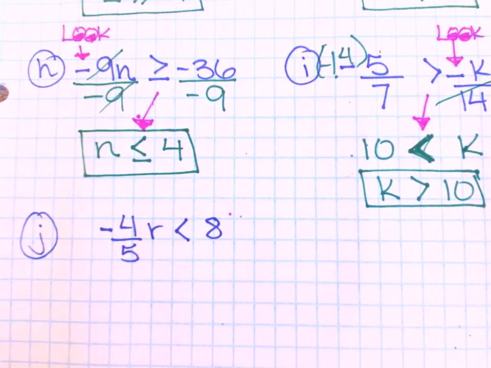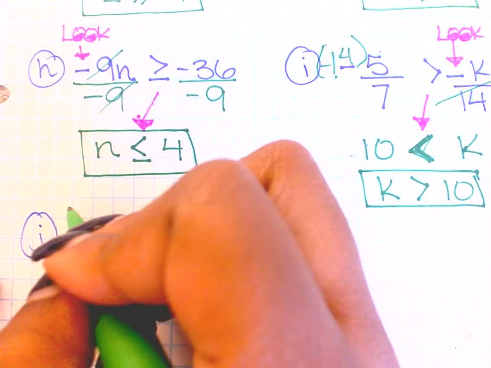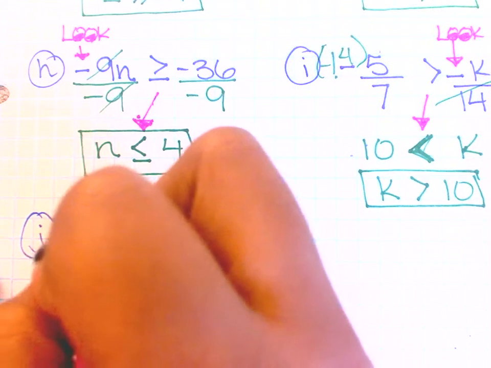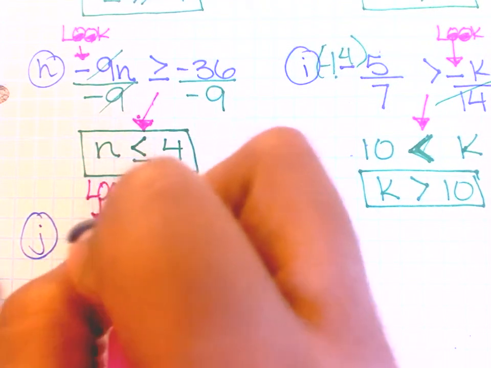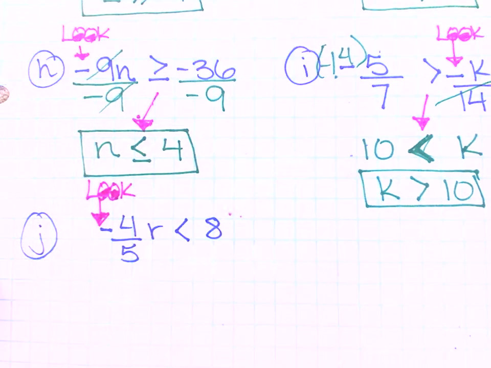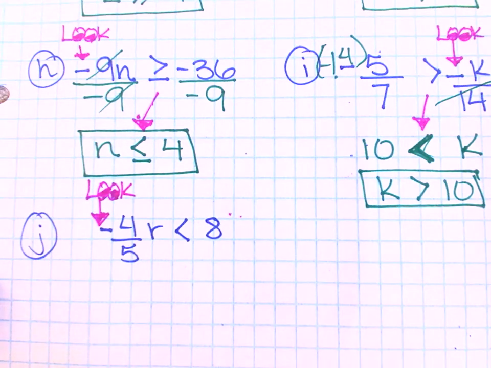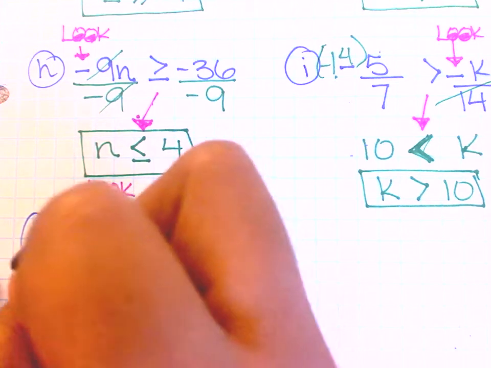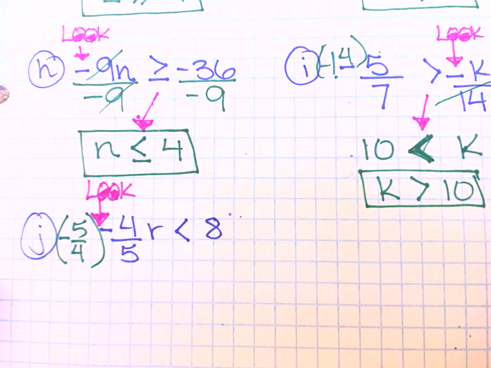So I know that I need to multiply by the reciprocal to get r by itself. Now, I'm multiplying by a negative. I see it. I have to multiply by something negative. So that means my sign's going to change. So I'm multiplying by the reciprocal, which is negative 5 over 4. That's what I'm going to do to get r by itself.